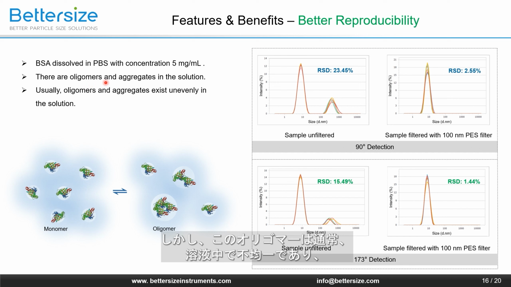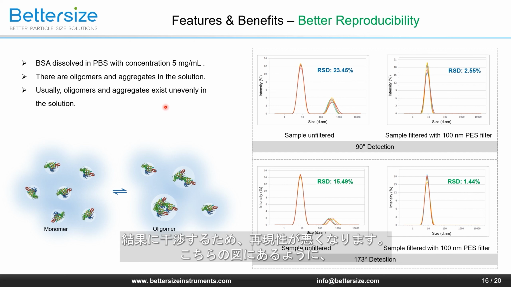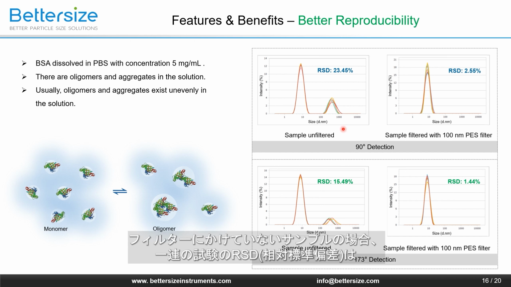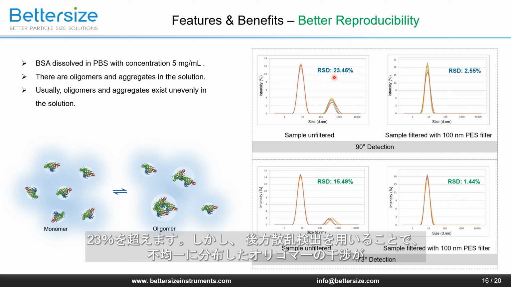However, these oligomers usually exist unevenly in the solution, which means they will result in the interference of the results and hence worse reproducibility. As shown in this figure, without sample filtered, the RSD, relative standard deviation of a series of tests, is above 23%.